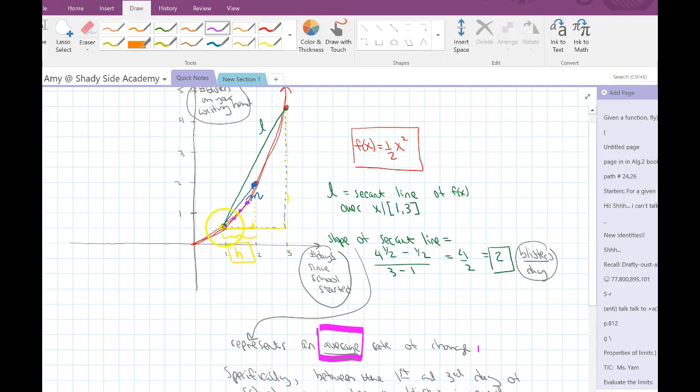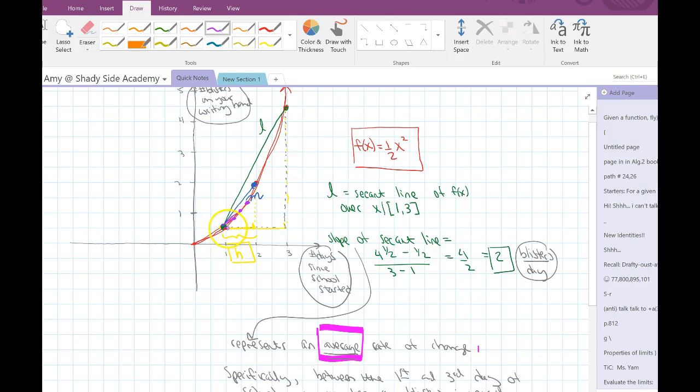In fact, they get so close that they start being really difficult to draw, right? As H approaches 0, these secant lines get so tiny, and this horizontal gap starts to close.